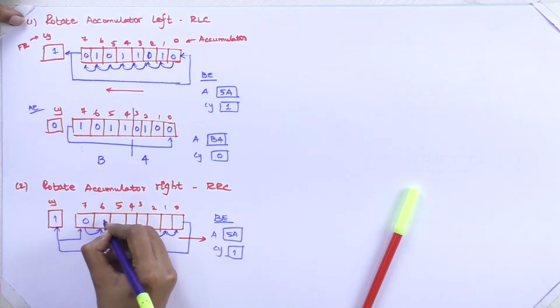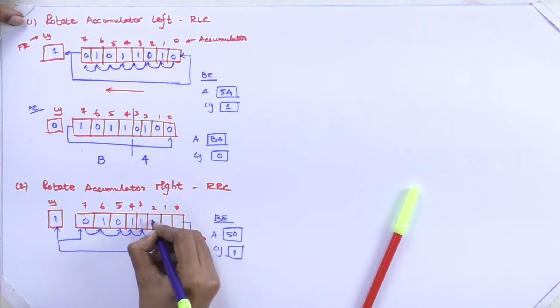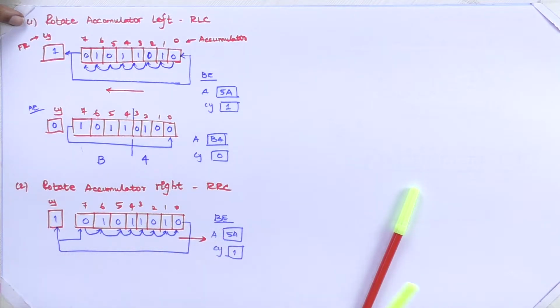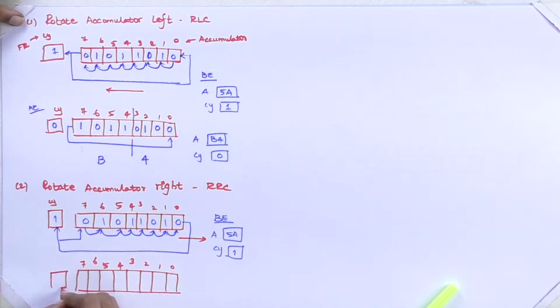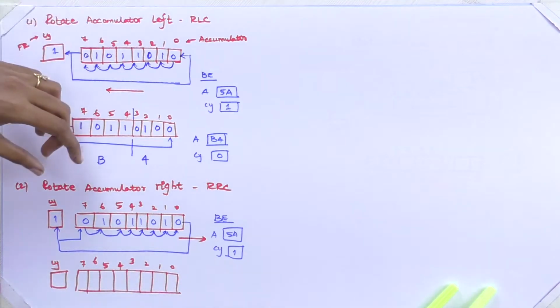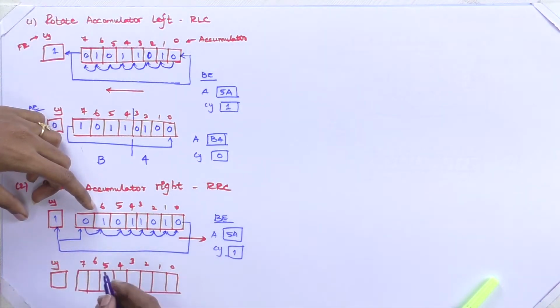As we have taken the same value that we used in the previous instruction, when it is rotated towards the right, what will happen? Now we are rotating towards the right side.